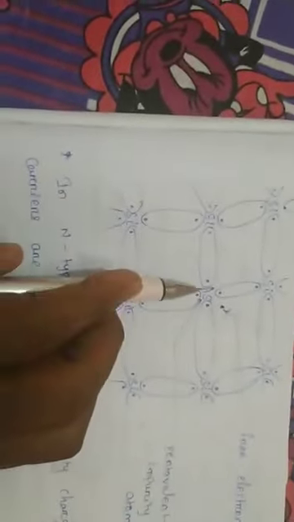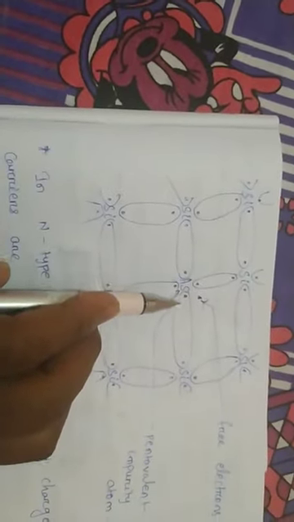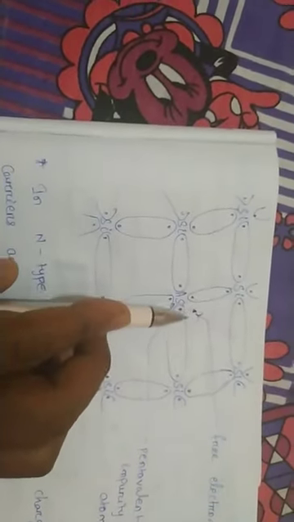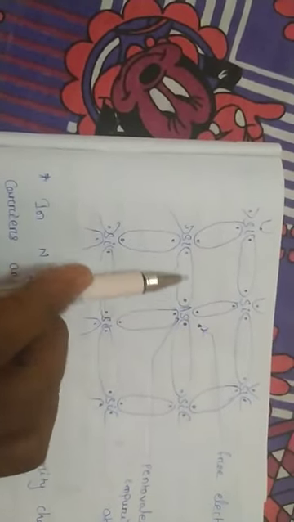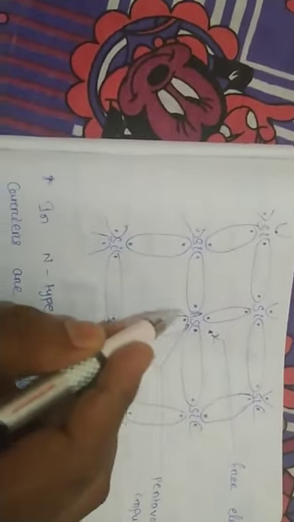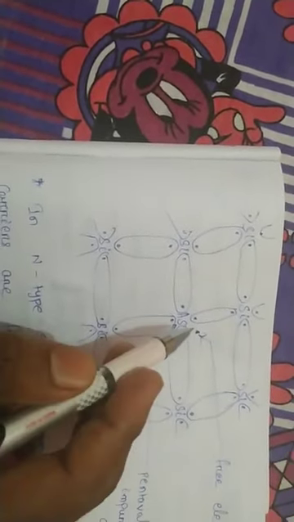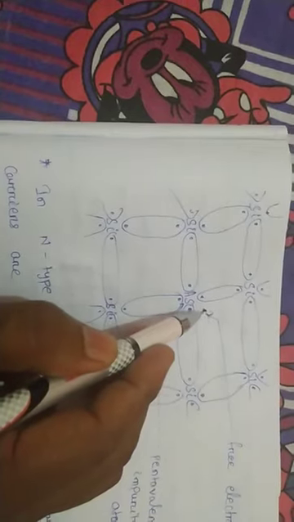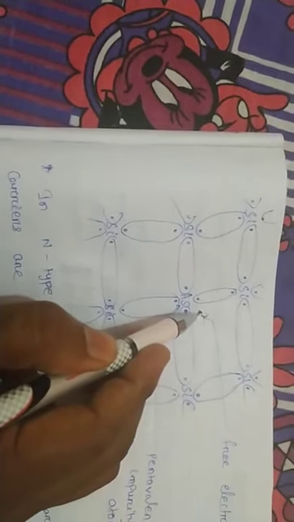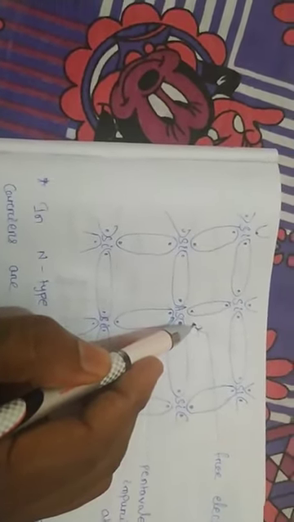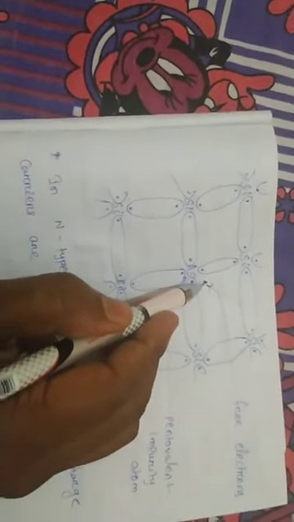As you all know, arsenic has 5 valence electrons. As you see, 1, 2, 3, 4, 5, here 5 valence electrons. It will fit into the silicon crystal by forming 4 covalent bonds. As you see here, it forms 1, 2, 3 and 4 covalent bonds with its surrounding silicon atoms, and for the remaining electron of the arsenic, there will be no covalent bond, so it becomes a free electron.